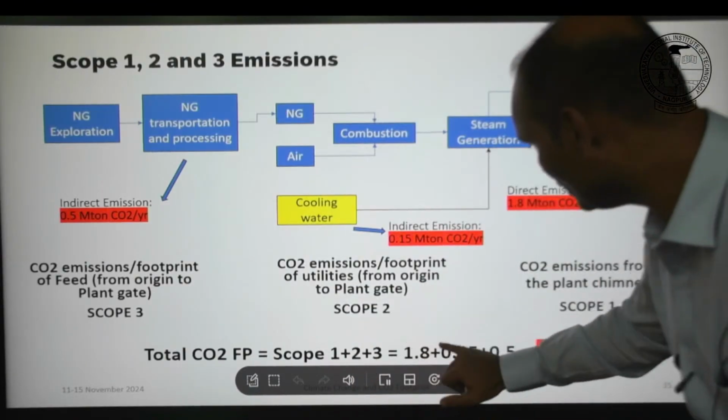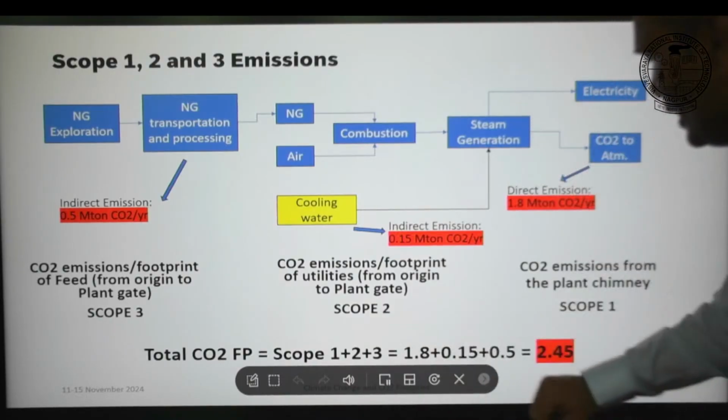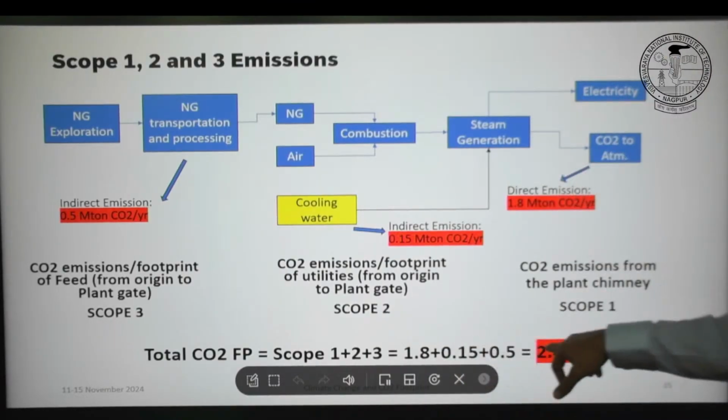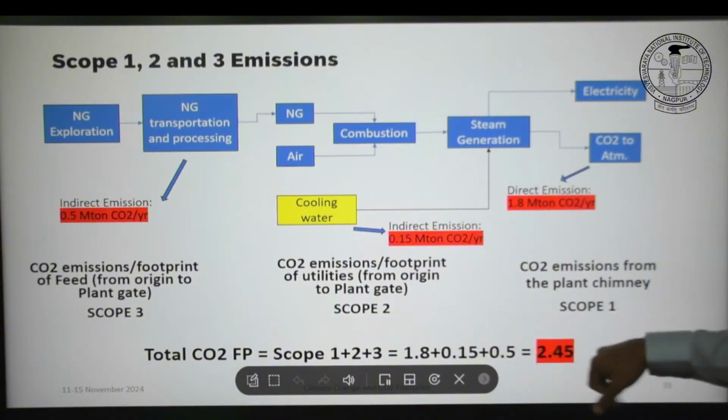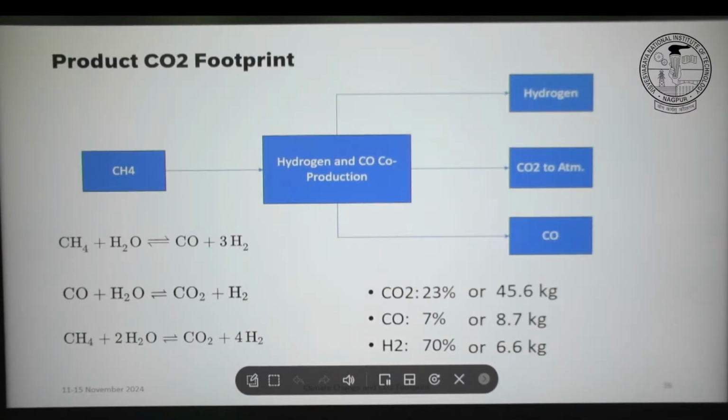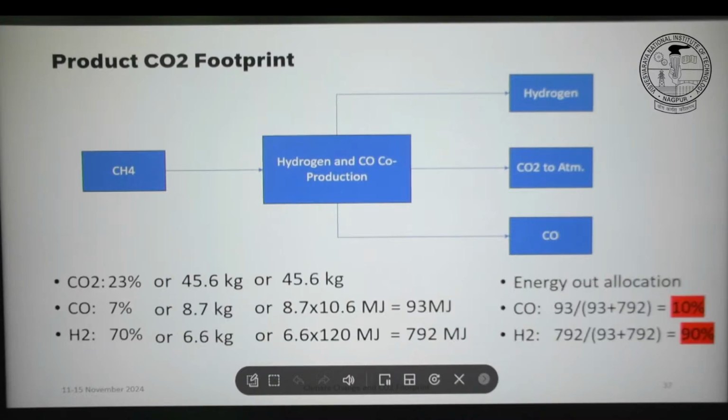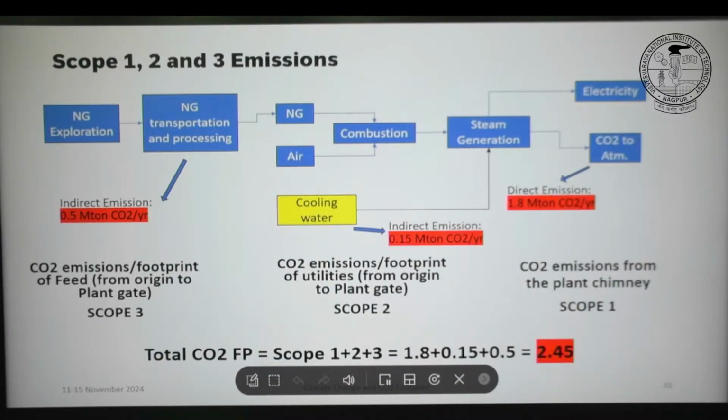And if you don't take all of this into account, we'll report 1.8. But actually, it's 1.8, 0.15, 0.5 based on some assumptions. So my total scope 1, 2, 3 emission would be 2.45 instead of 1.8.